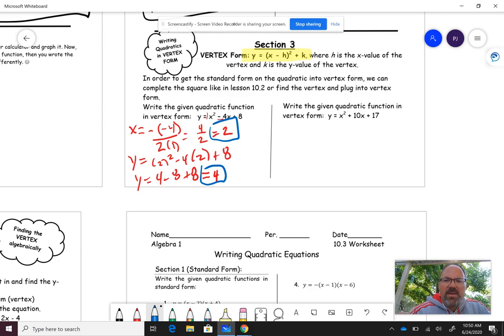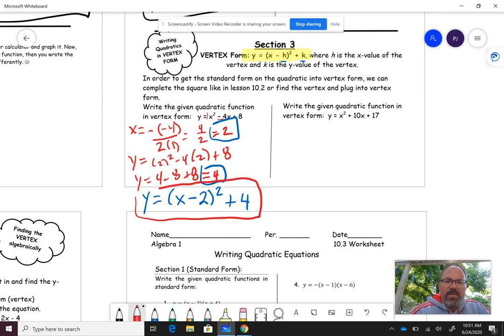If I'm going to write that in vertex form, that's my x, that's my y. It's going to look something like this: y is equal to (x minus 2) squared plus 4, since my h is 2 and my k value is 4. There's no need to simplify or clean anything up.